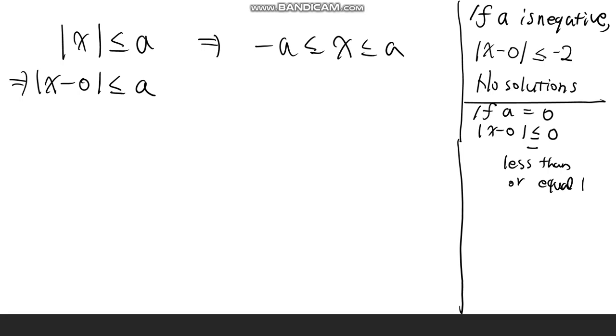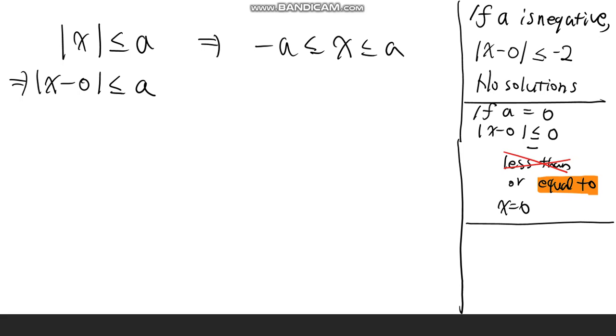What that means is you can just satisfy one part, so you can just ignore the less than part. That means the distance between x and 0 is 0, right? Then in this case, x is 0.